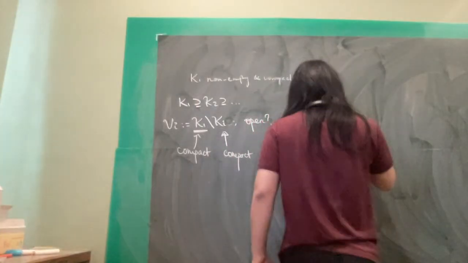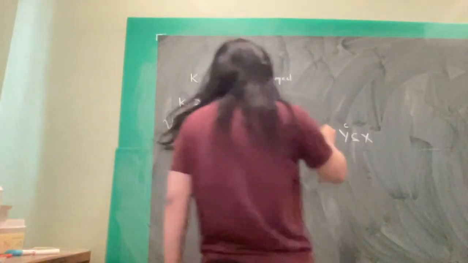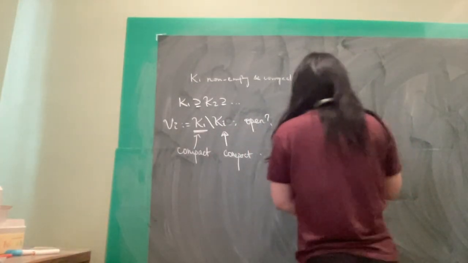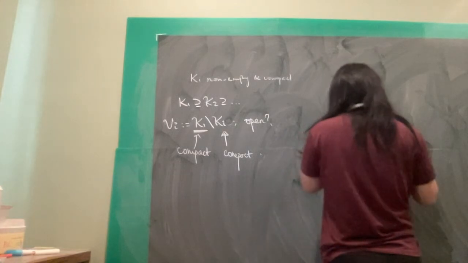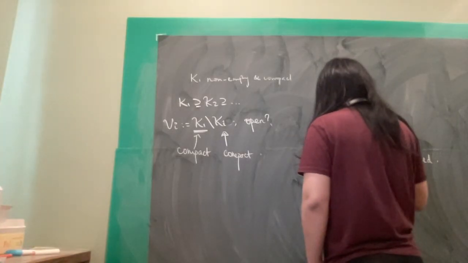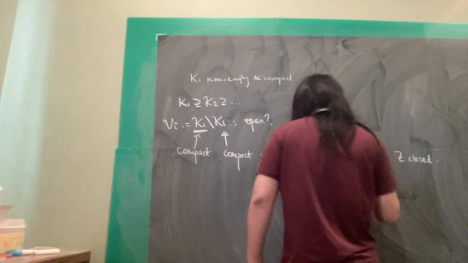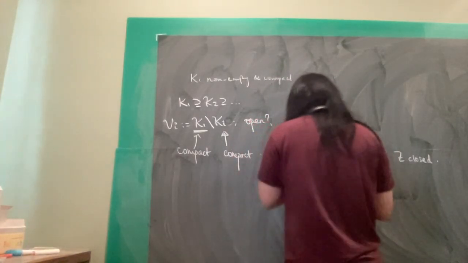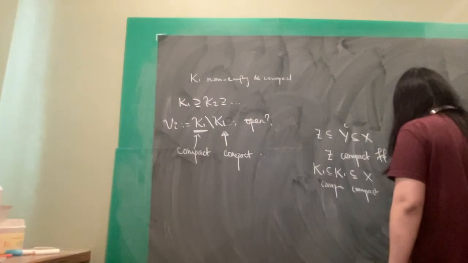Let Y be a compact subset of X, and K1 be a subset of X, and then Ki. K1, Ki is closed.